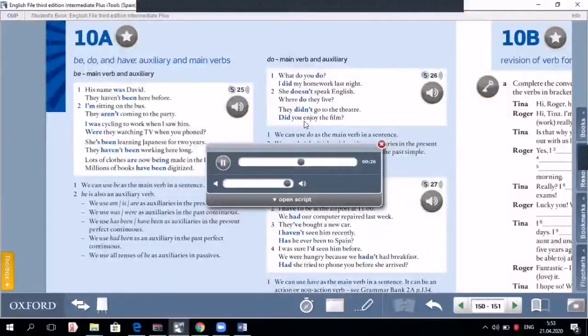Were they watching TV when you phoned? She's been learning Japanese for 2 years. They haven't been working here long. Lots of clothes are now being made in the Far East. Millions of books have been digitized.